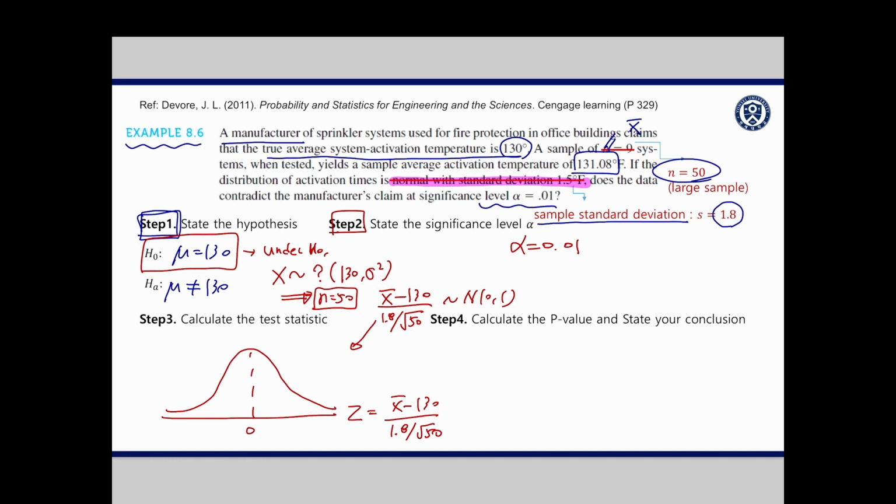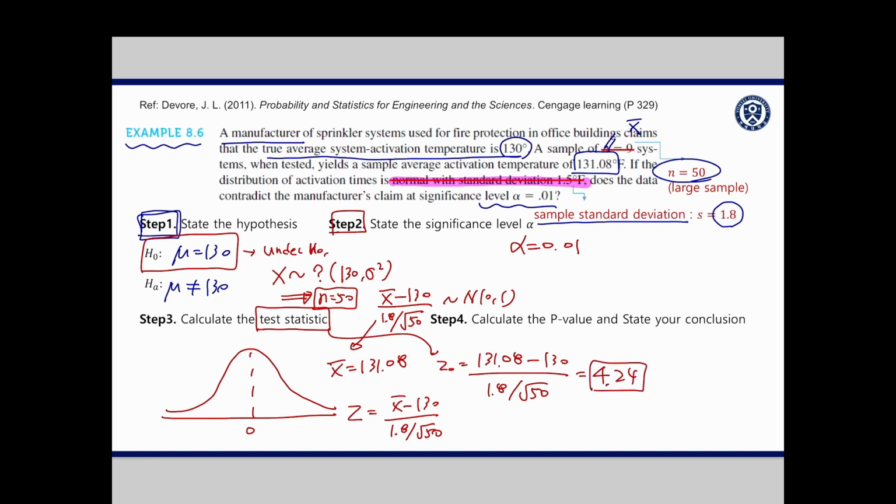Given that the sample mean for the 50 samples is 131.08, the test statistic Z0 equals 4.24. Okay, so the p-value is like this.